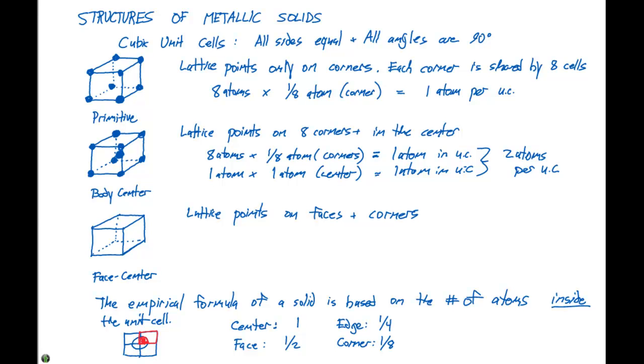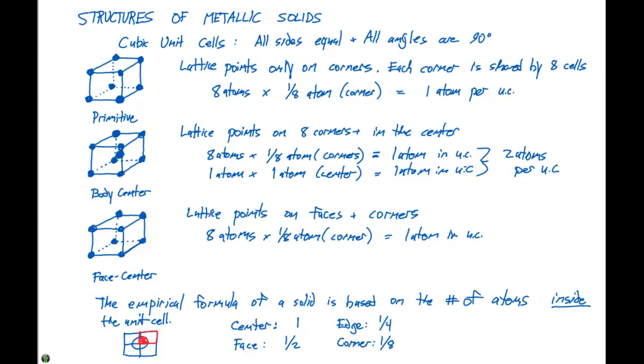So just like the simple cubic, we have 1, 2, 3, 4, 5, 6, 7, 8 atoms on all the corners. So we have 8 atoms times 1/8 of an atom on the corner gives us 1 atom in the unit cell.